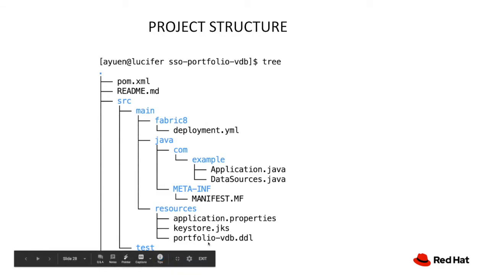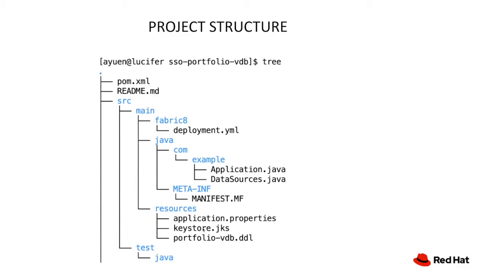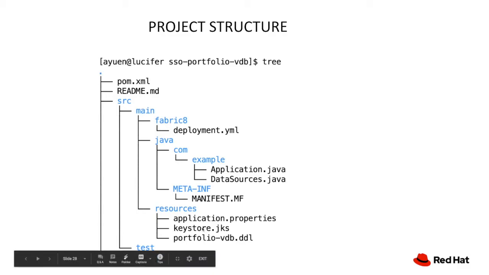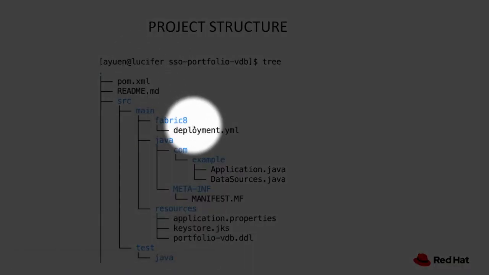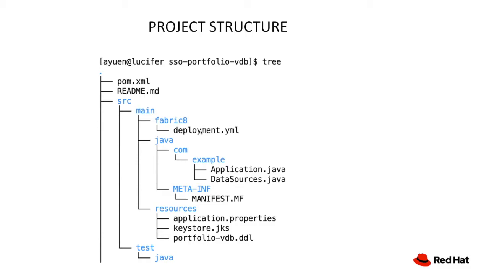And the portfolio-vdb.ddl contains the virtual database definition. And I also put a key store in there, which contains the public and private key so that we can use SSL connections. This is kind of redundant in the Openshift environment because I'll be defining a secret using the deployment.yaml file, which actually contains the key store values.